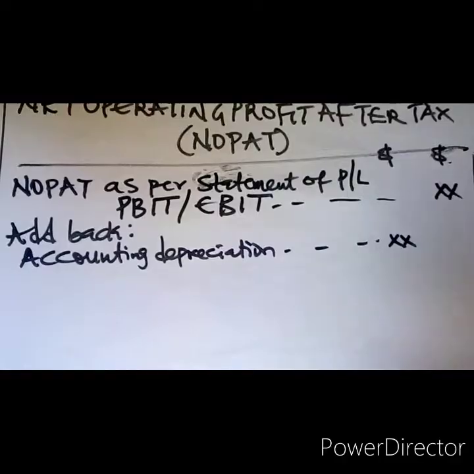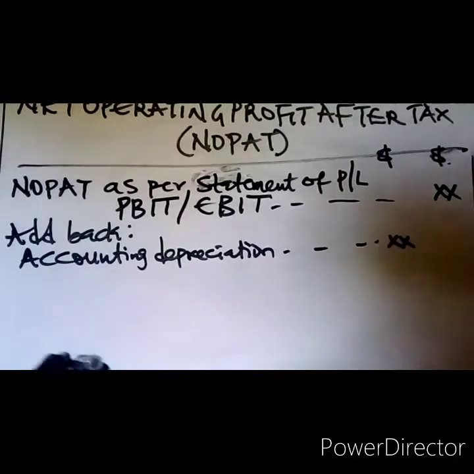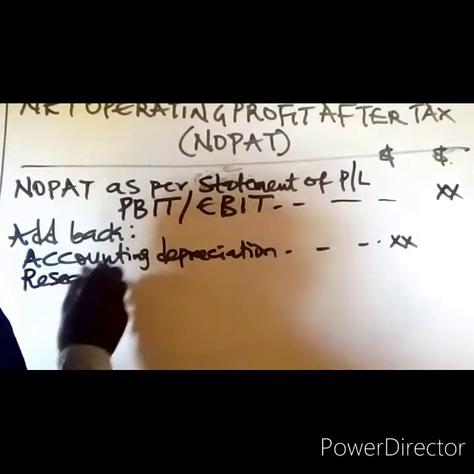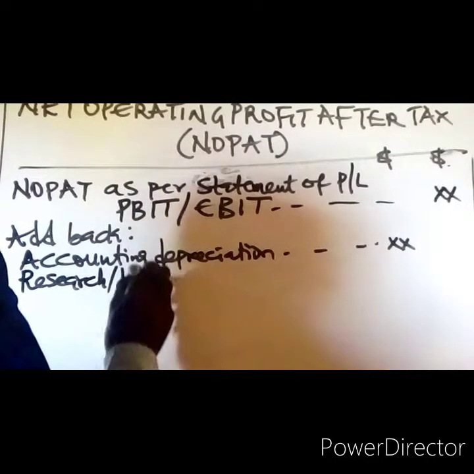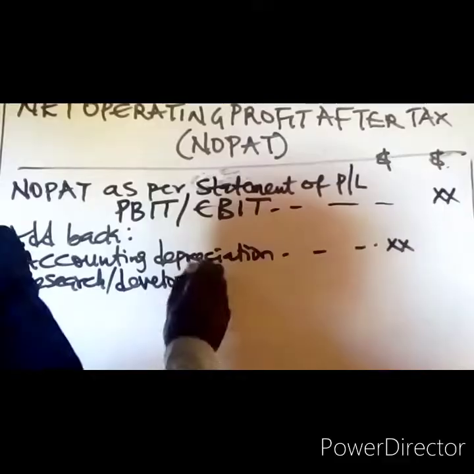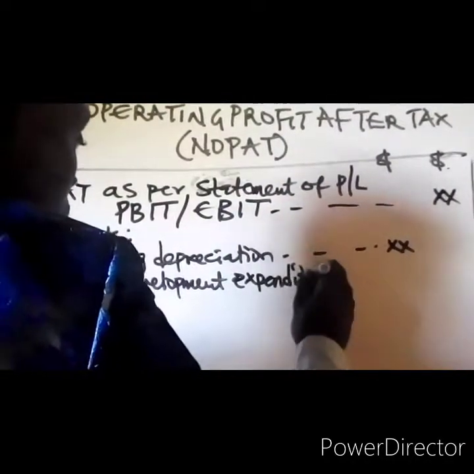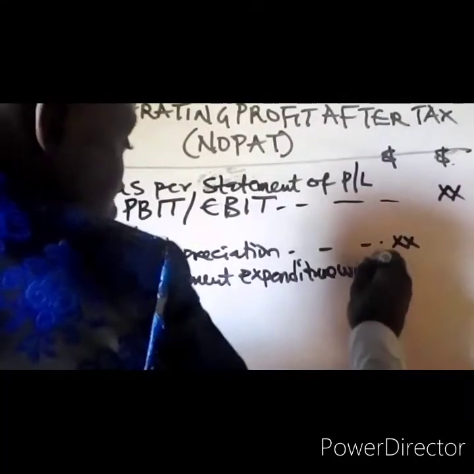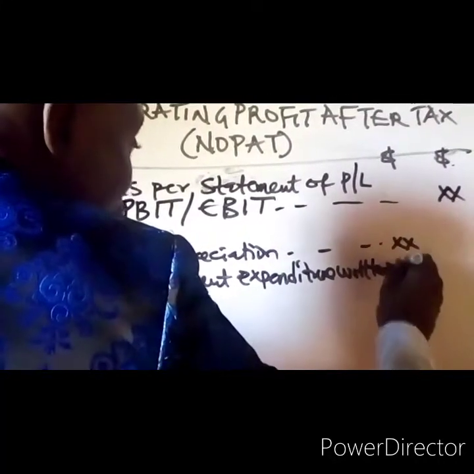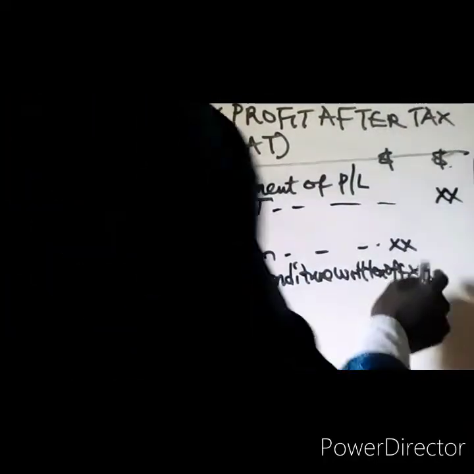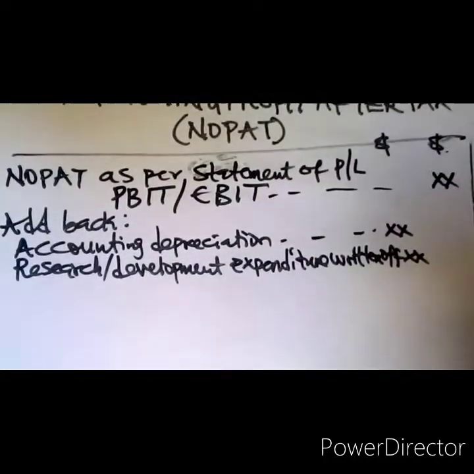Number 2, you add the research or development expenditure written off. I mean the one that has been written off in the statement of profit or loss, the one that has been expensed is what you are going to add.